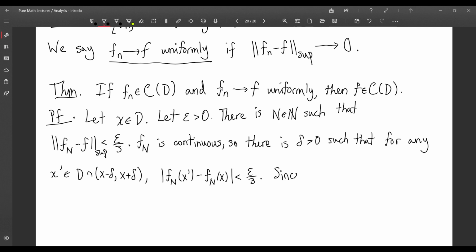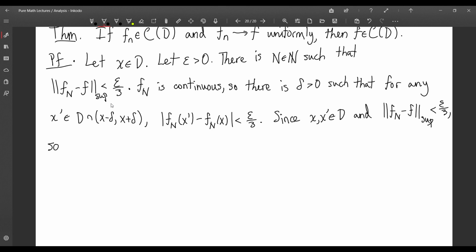Since now x and x prime are in our domain, and the sup norm of f sub N minus f is less than epsilon over 3, in particular, if I take any value of f sub N minus f, the functional value, the absolute value of that will be less than epsilon over 3.